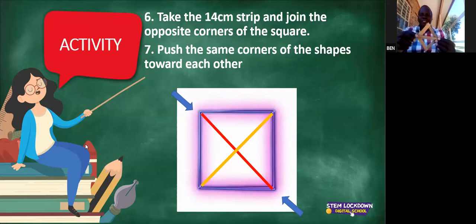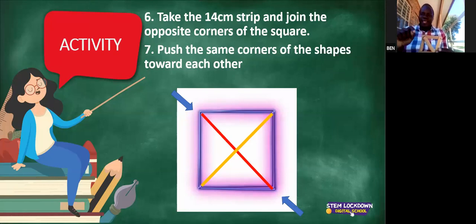So this activity is very important for the next activity, which is going to be a project for term 2, where you are going to use this triangulation to make your own structure. This is the reason why I teach you this lesson.